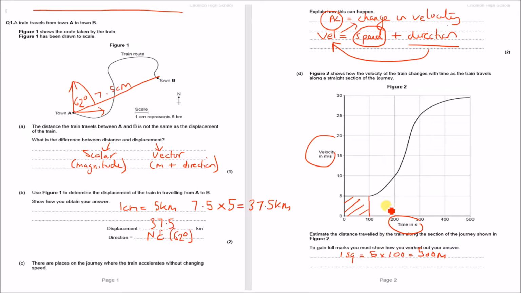Now the best thing to do is to then work out how many squares you've got. So we've got 1 here, 2, 3, 4, 5, 6, 7, 8, 9, 10, 11, 12, 13, 14 squares. Now we need to work out the half squares that we've got. This is half a square.